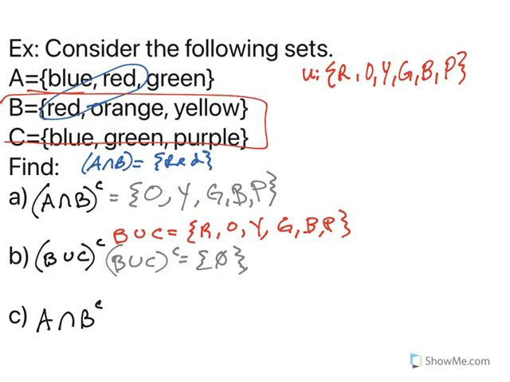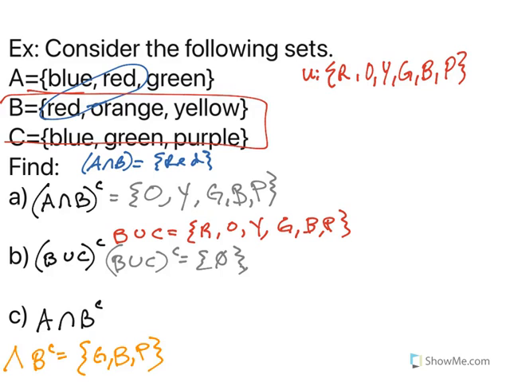And letter C, A and the complement of B. Okay, well, to find the complement of B, we know what B is, it's given. So the complement of B is everything else. Well, if we have red, orange, and yellow, then the complement of that would be green, blue, and purple.